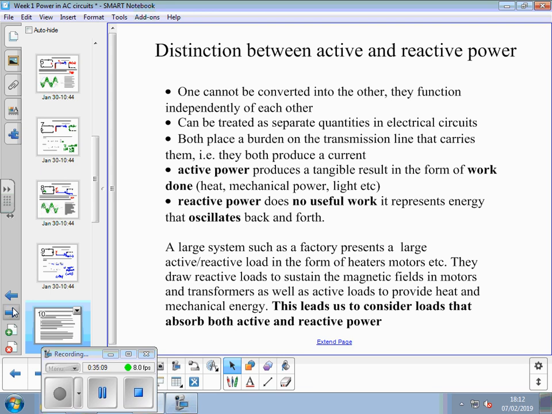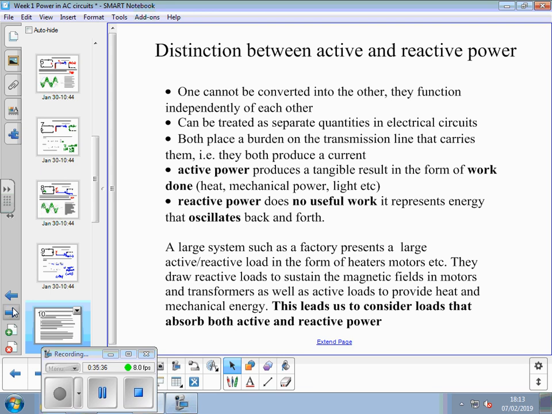So you can't get away without having some reactive load, because a motor is a reactive load by its very nature. It needs that magnetism produced in the coils for it to work. Heaters are often coils of wire. They heat up. They've got a magnetic effect. Relays, transformers and so on, all coils of wire, are going to be a reactive load. Okay?